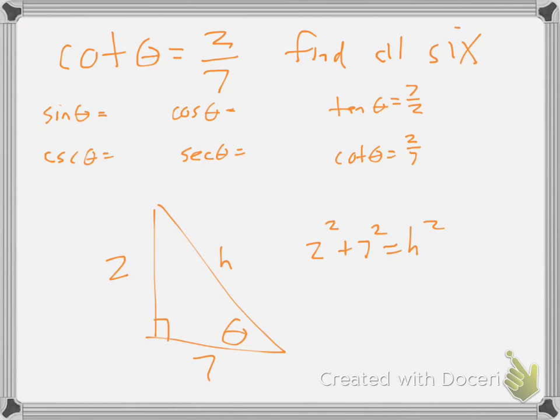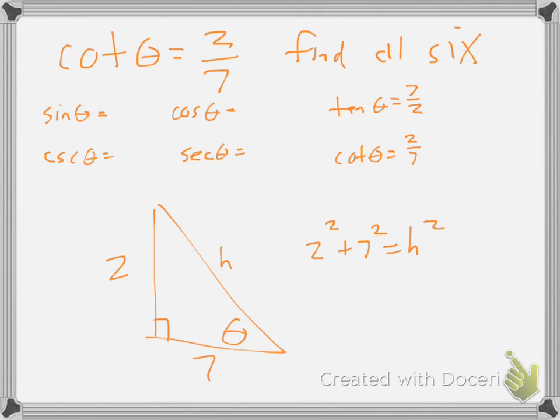I've got to find H, the hypotenuse, so I can find the other four. Guys, is that what you're saying? The 7 and the 2 are mixed up. Yeah. Guys, I messed up.